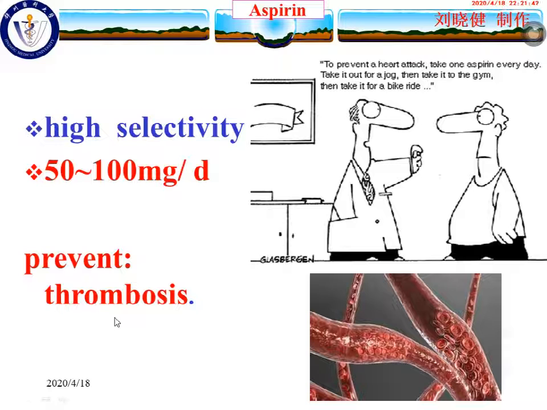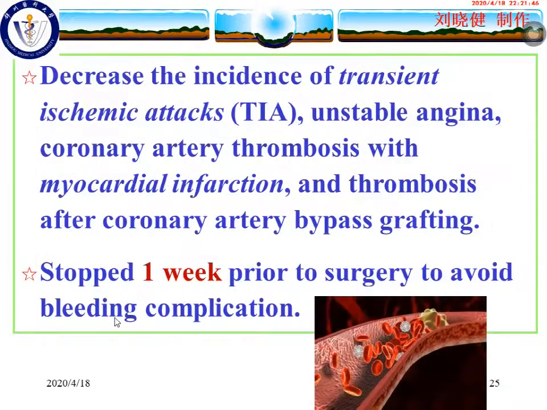By using aspirin in low dose, about 100 mg a day, it can decrease the incidence of transient ischemic attacks, unstable angina, coronary artery thrombosis with myocardial infarction, and thrombosis after coronary artery bypass grafting.